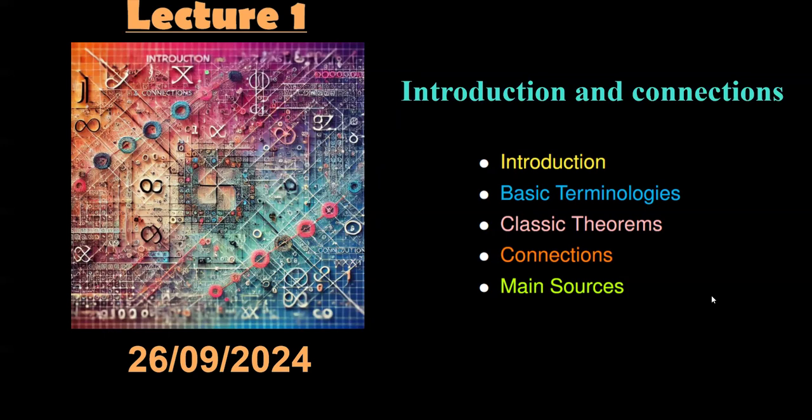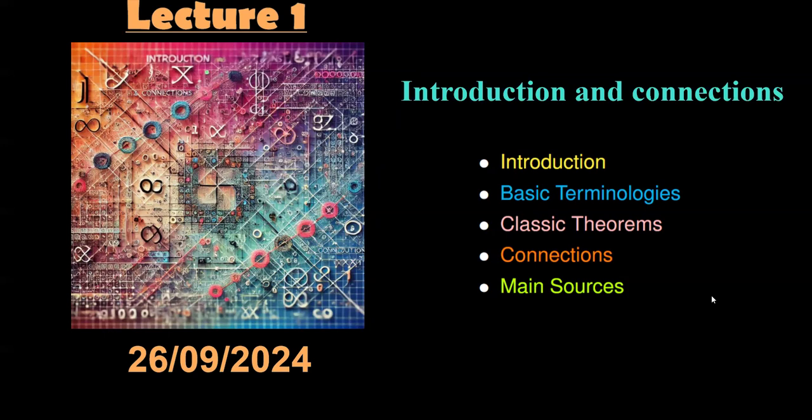Next, we will go through some basic terminologies that you will need throughout the course. Familiarizing yourself with these terms is crucial as they will frequently come up in lectures, assignments, and readings.